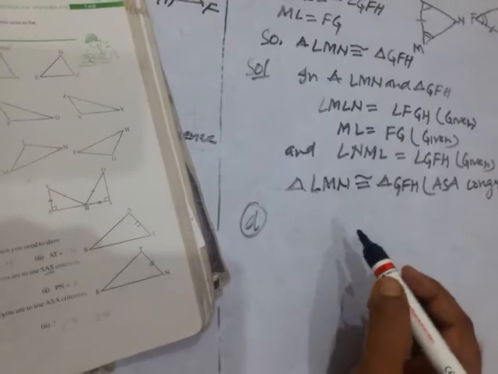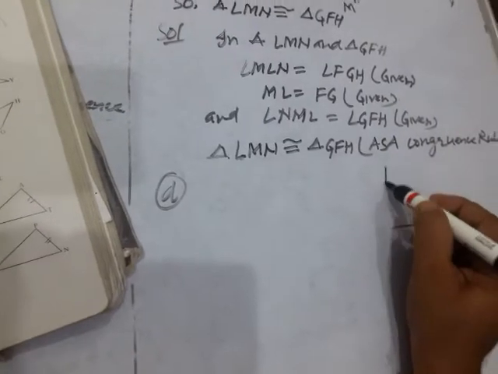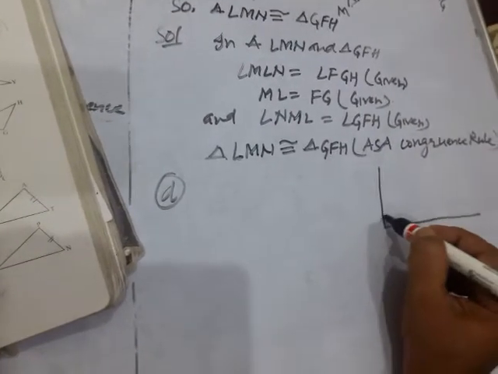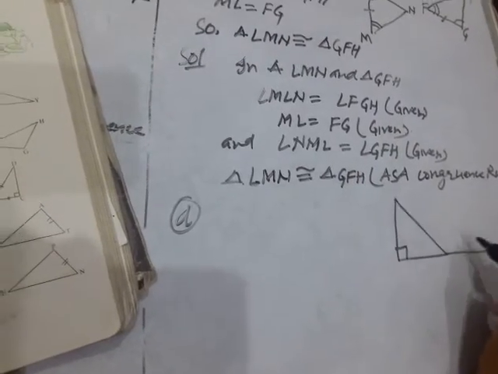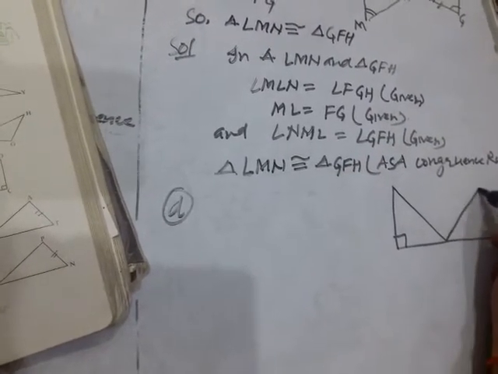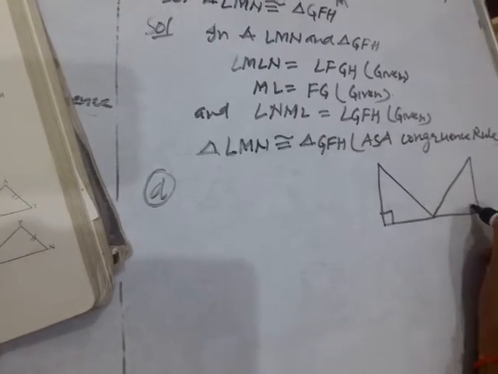What is given? See, two triangles are given in a joint way, like this. Here this is a right angle, and here also, these two are right angles.